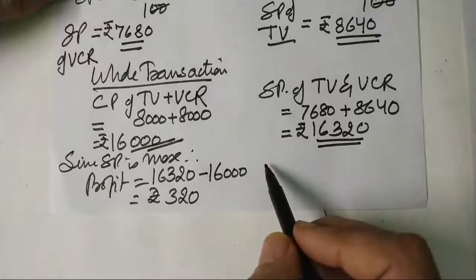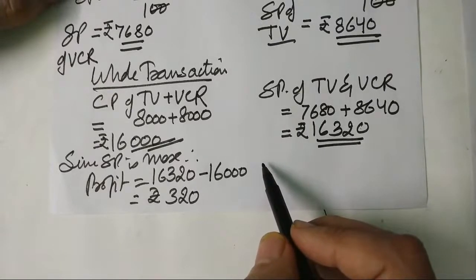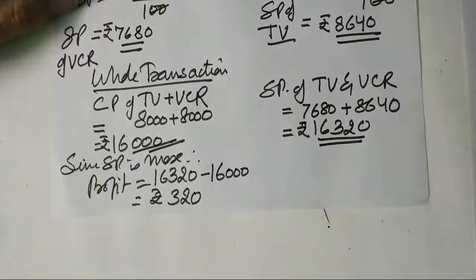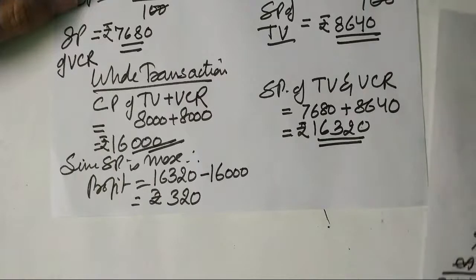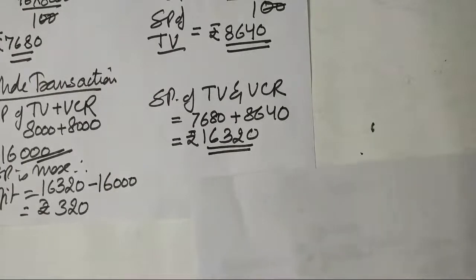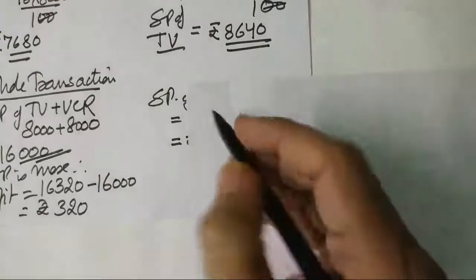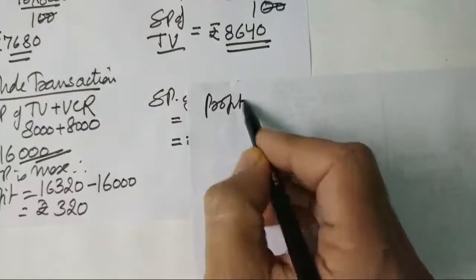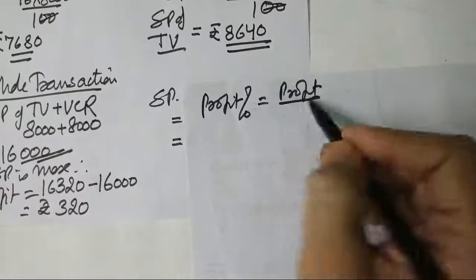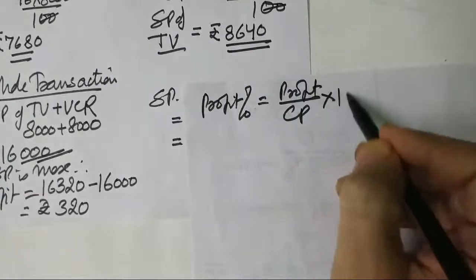And then we have to find the profit percent or the gain percent on the whole transaction. The profit percent is equal to the profit upon CP into 100.